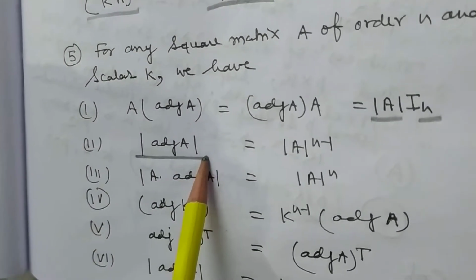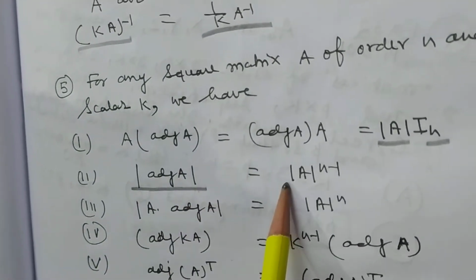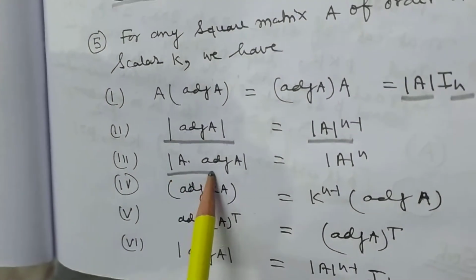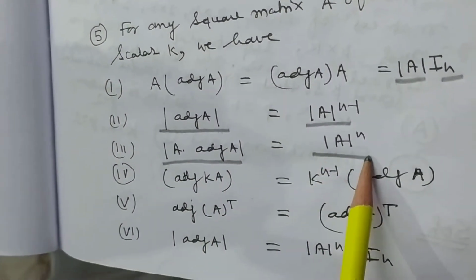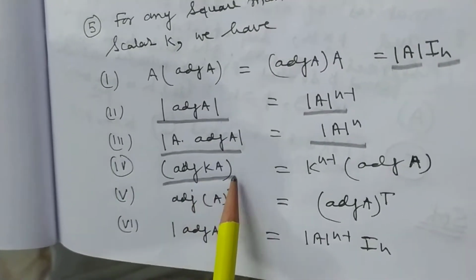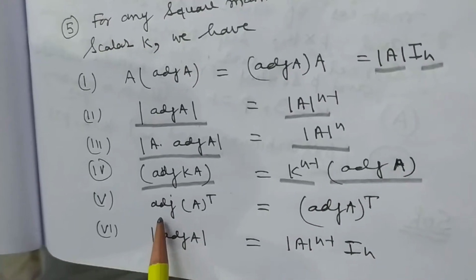Determinant of adjoint A is equal to determinant of A to the power n minus 1. Determinant of A into adjoint A is equal to determinant of A to the power n. Adjoint of KA is equal to K to the power n minus 1 into adjoint A.